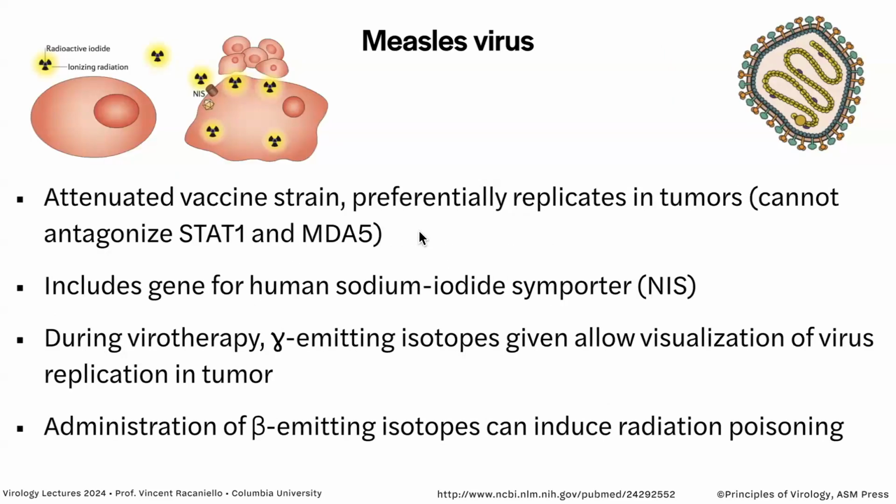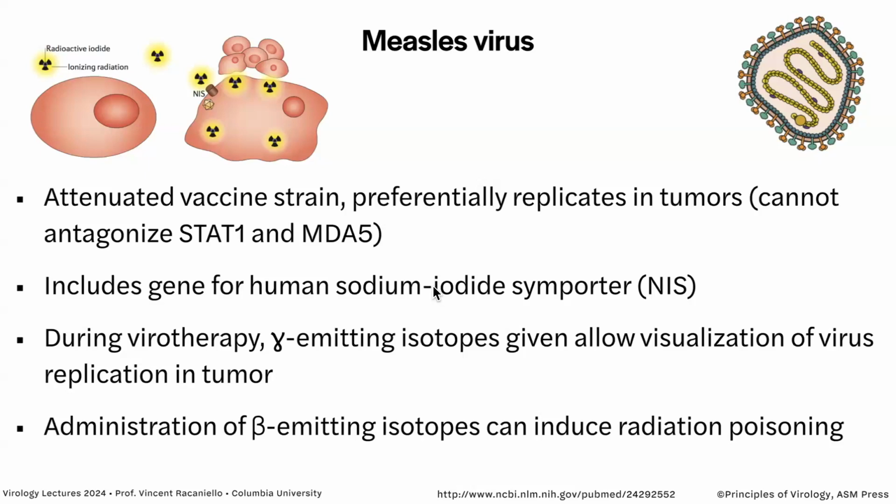Measles virus has also been modified to treat human tumors. They start with the vaccine strain, which preferentially replicates in tumors. This strain cannot antagonize innate immune sensors. And remember, it also binds to CD46, which is overproduced on tumor cells. Also in the vector is the gene for a sodium iodide symporter. What that is, it's a channel that exchanges sodium for iodide.